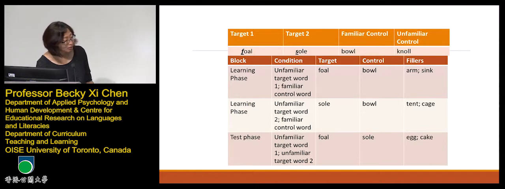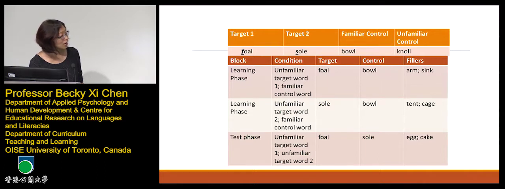Then in the second learning phase, they learn the word so, which also sounds similar to the word bow, but children didn't know it, so they have to learn it. So they have learning phase 1, learning phase 2, and then they're given the test phase.